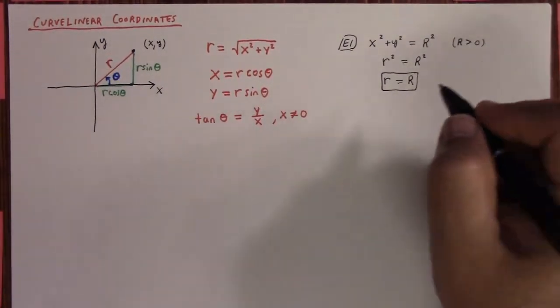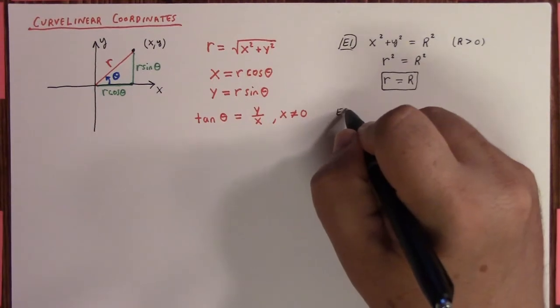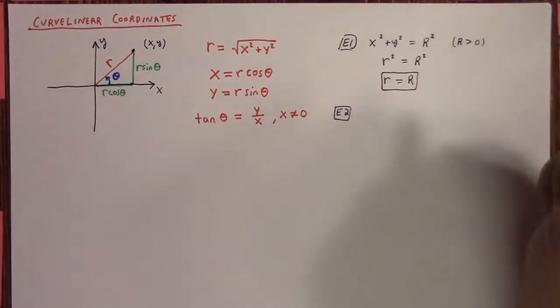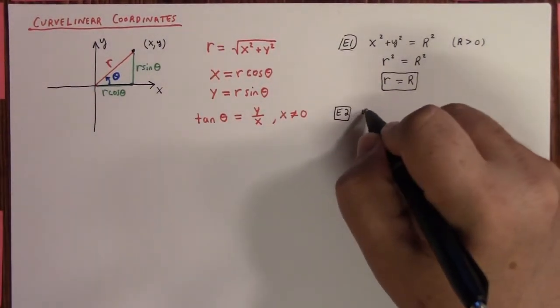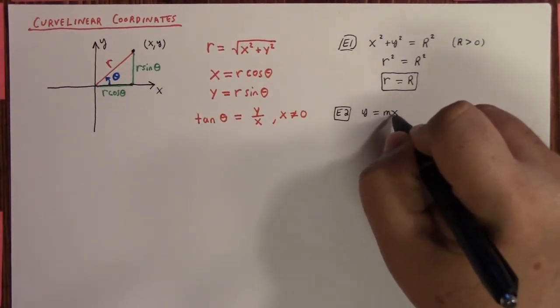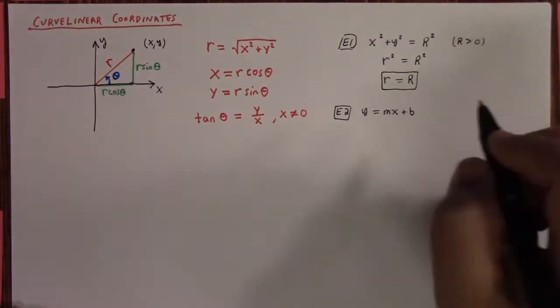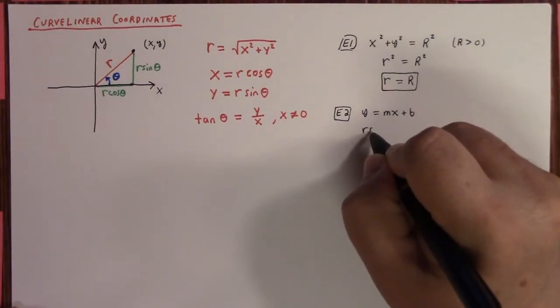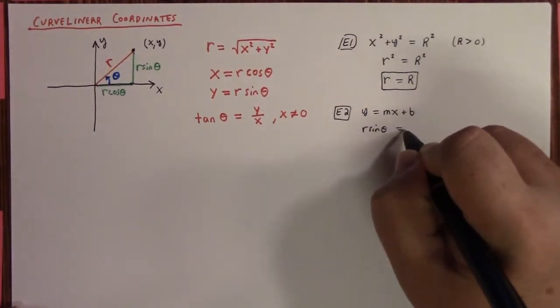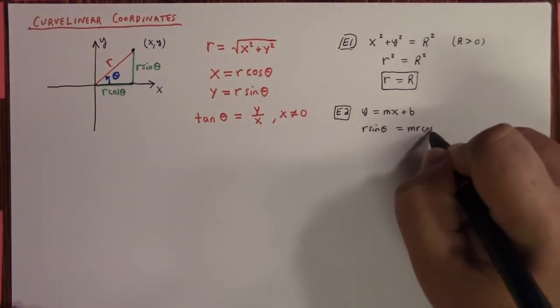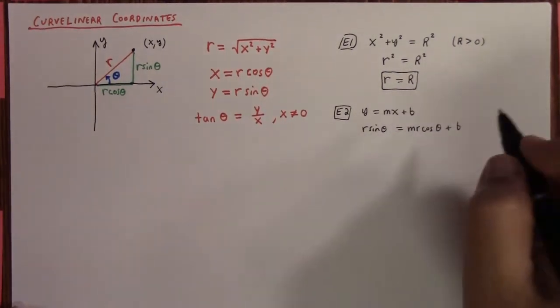On the flip side of things, here's what to try to avoid. If I have a line, y equals mx plus b, that's the usual Cartesian form for a line. If I convert that to polar coordinates, it looks like this, right? So I could solve for r.